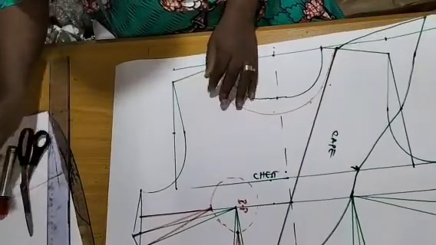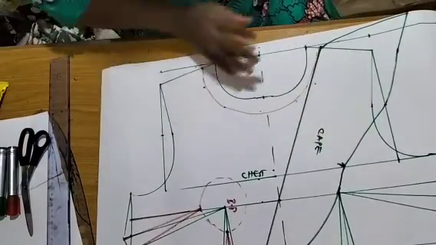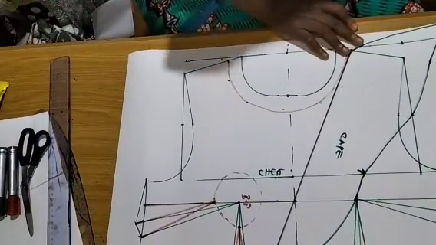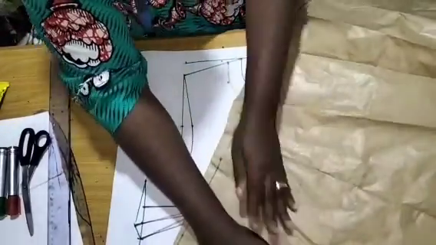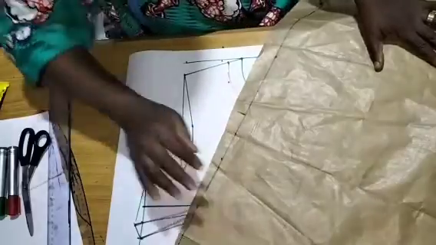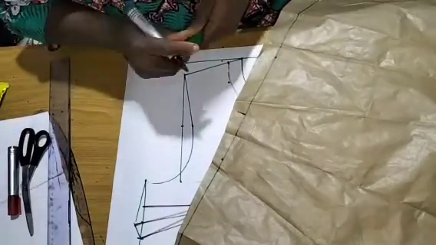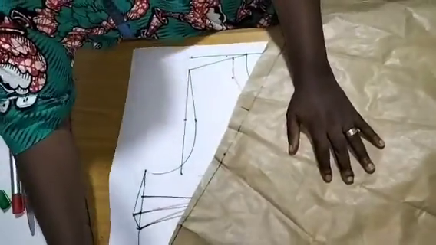Now I'm going to trace out this cape. I'll come with my paper as usual and place it right there, so you can see my cape clearly.